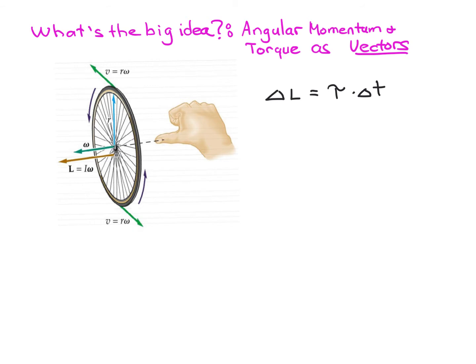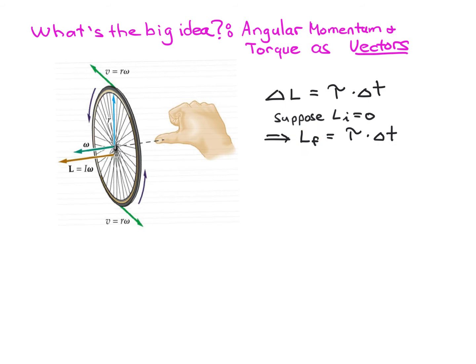And to see that, just imagine that the wheel was initially at rest, so that initially the angular momentum was zero, and you wanted to get it spinning the way is shown in the figure, so that L_F points to the left, the way it is shown here. So if you start with zero angular momentum, then the change in angular momentum is just equal to the final angular momentum.